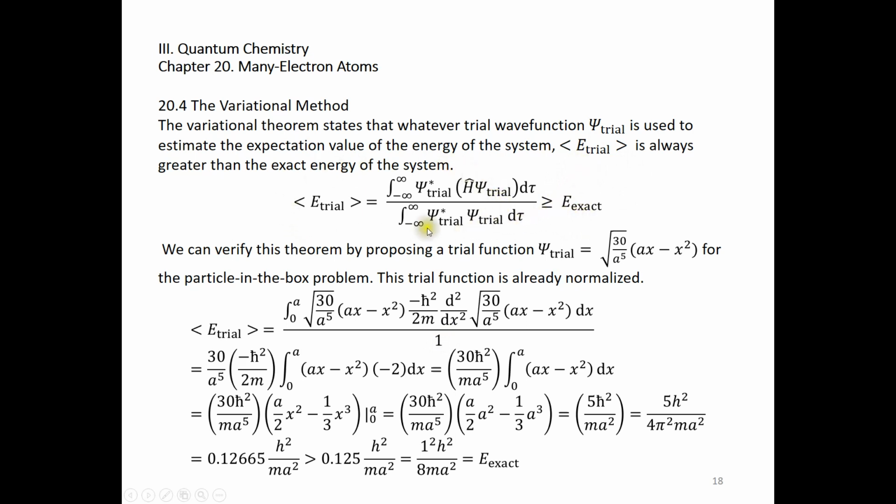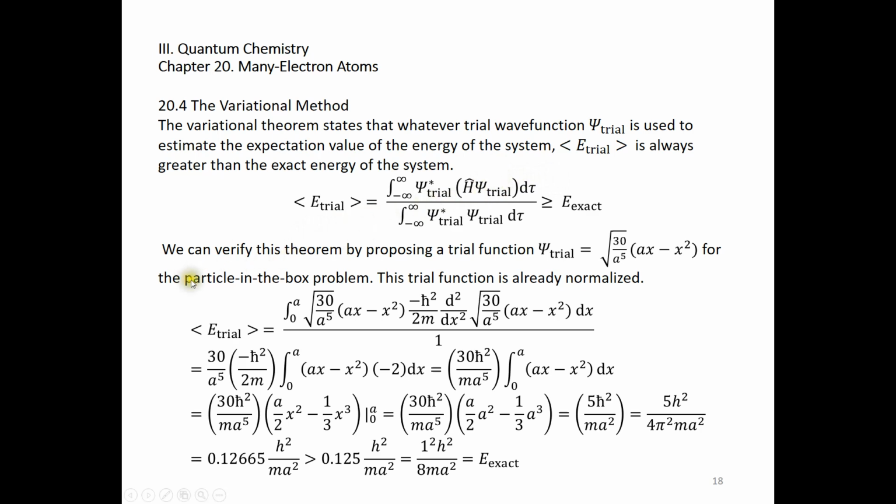Alright, over here, this is the expression of the trial energy given the trial function. On the bottom, it's the integral of the complex conjugate of the trial function times the trial function. On top, it's the integral of the complex conjugate of the trial function multiplied by the Hamiltonian operator applied to the trial function.